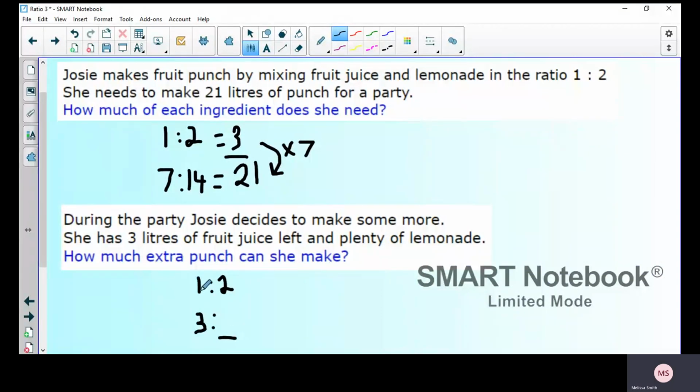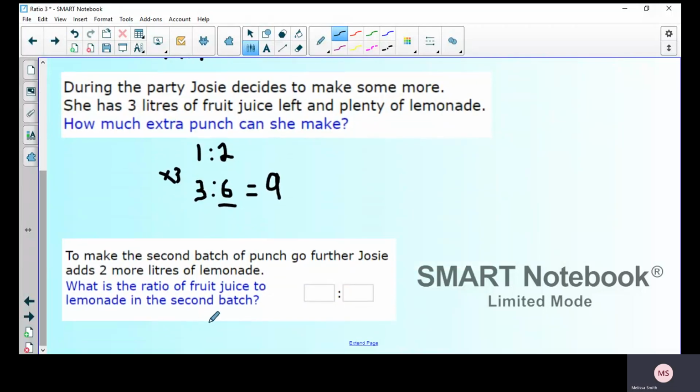What do I do to 1 to get to 3? I times it by 3. Therefore, whatever I do to this side, I repeat on this side. 2 times 3, well, that's 6. So now if I add up my litres of fruit juice and my litres of lemonade, that will give me 9 litres. She can make another 9 litres.